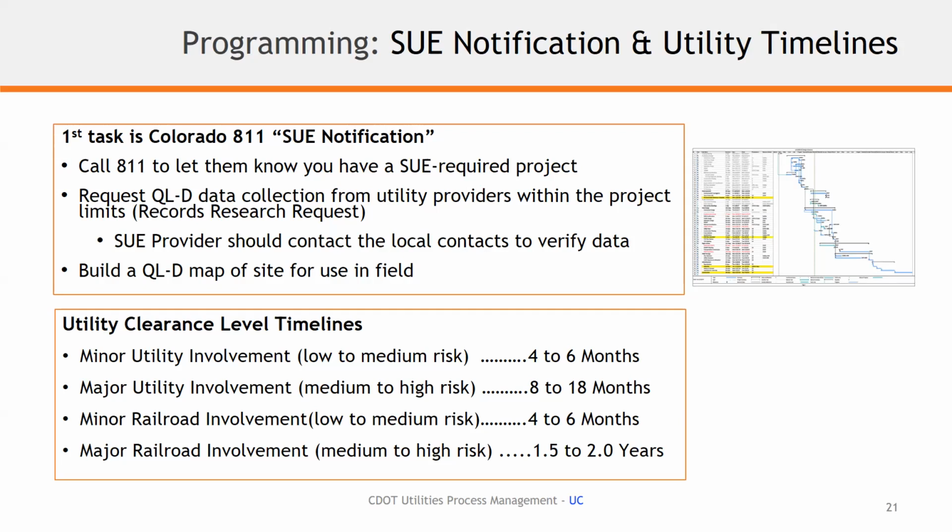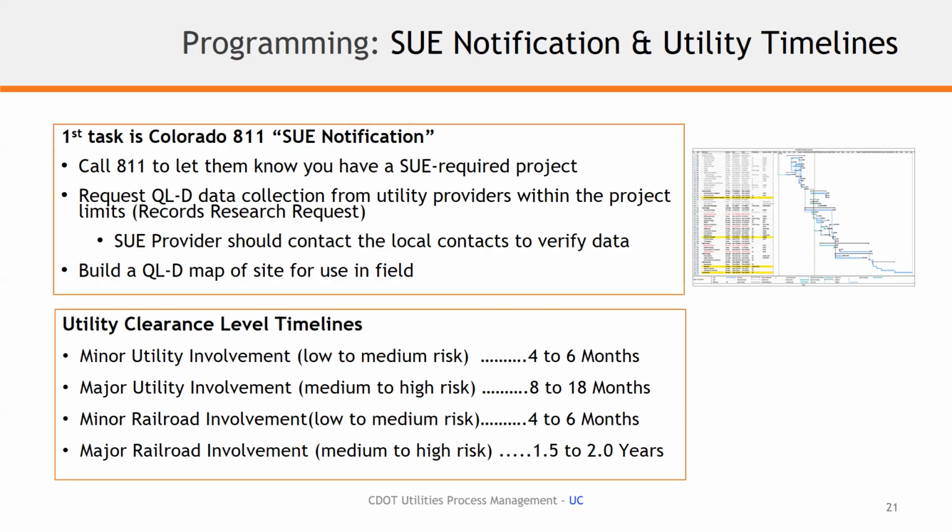Utility clearance level timelines. Again, these are just high level at this point. If you're a project manager trying to identify what the schedule would be for a minor utility involved project, low to medium risk.